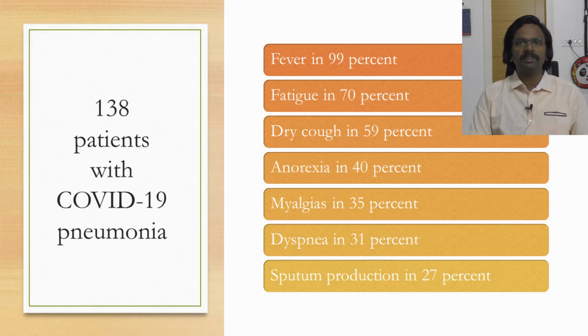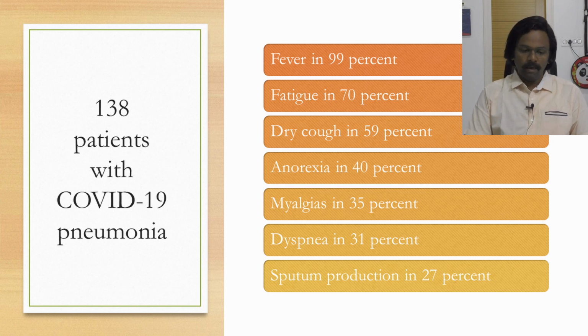And this was a study done on 138 patients who suffered from COVID pneumonia, which shows that fever, fatigue, dry cough, anorexia, myalgias, dyspnea, and sputum production are the most common symptoms, with varying prevalence in these patients. 99% of patients will have fever, and dry cough occurs in around 59% of cases.